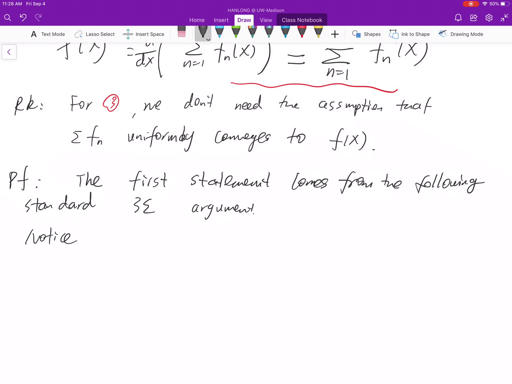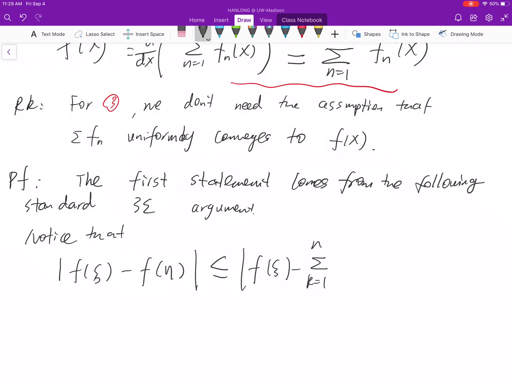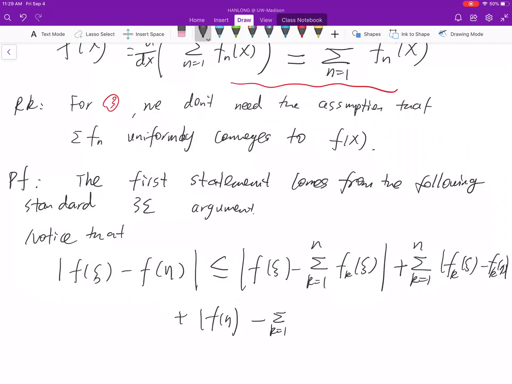So notice that we have the following inequality: |f(ξ) - f(η)| is less than or equal to |f(ξ) - the partial sum from k=1 to n of fk(ξ)| plus |the sum from k=1 to n of fk(ξ) - fk(η)| plus |f(η) - the sum from k=1 to n of fk(η)|.